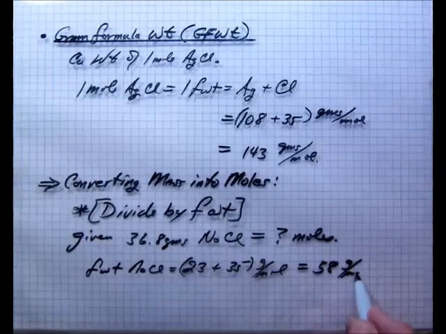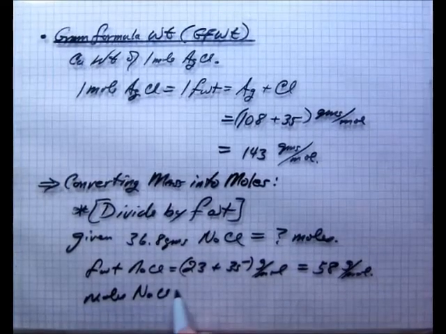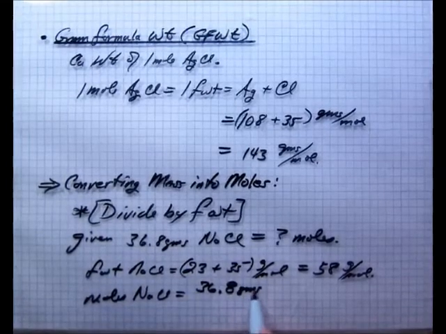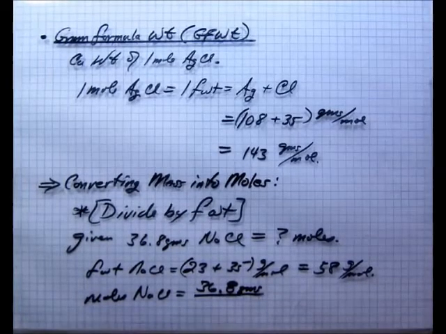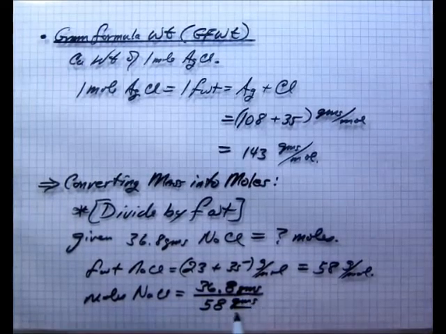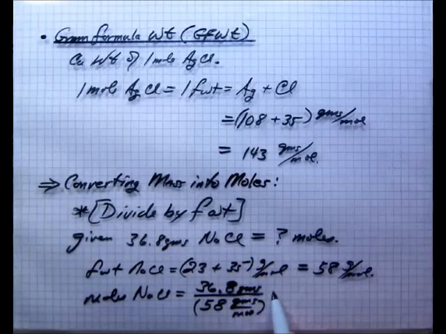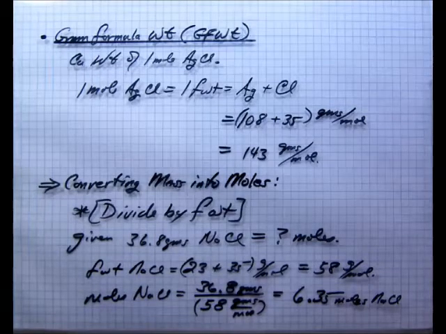So the moles of NaCl are simply 36.8 grams, which is the specification that you are working with, divided by a formula weight of 58 grams per mole. Notice the denominator units are fractional. You invert and multiply, grams will cancel out. End up with 6.35 moles of sodium chloride.